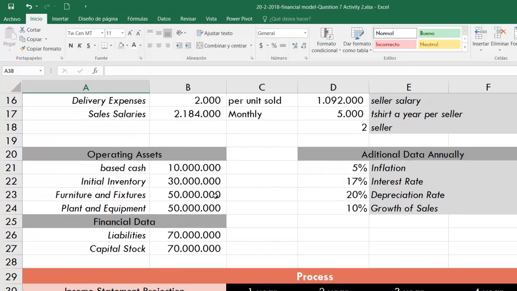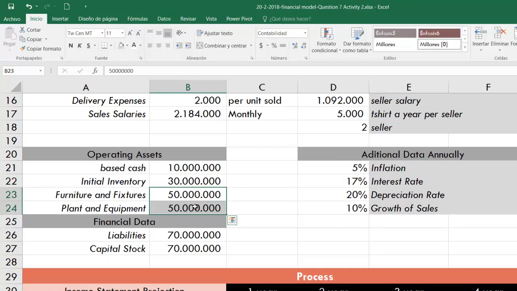So whenever these assets, the furniture and plant and equipment, this 100 million, are no longer able to work, or this technology is no longer usable for your company, you have this money, this depreciation expense that you consider in your accounting there in the company, available in any form of assets.